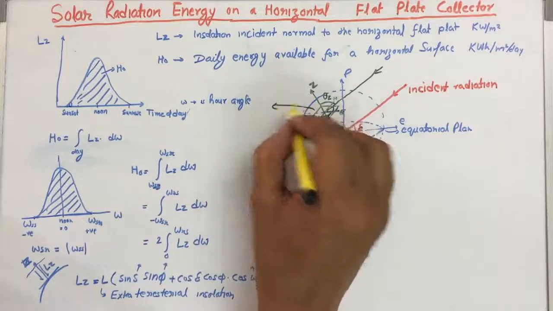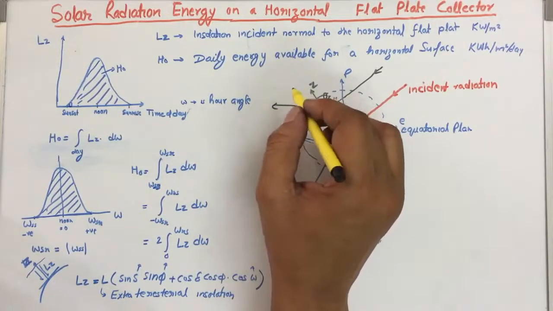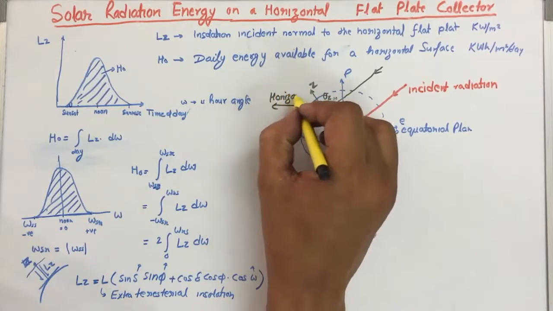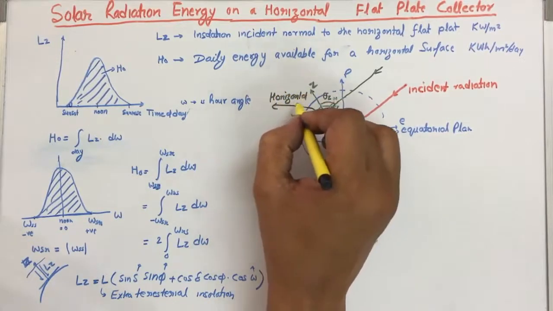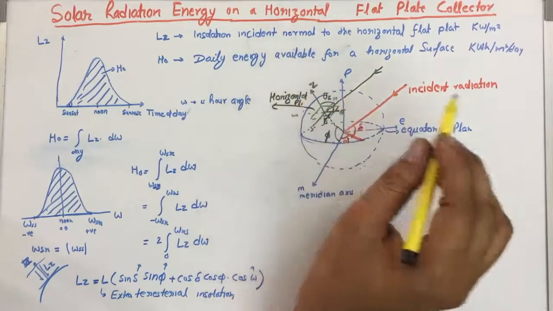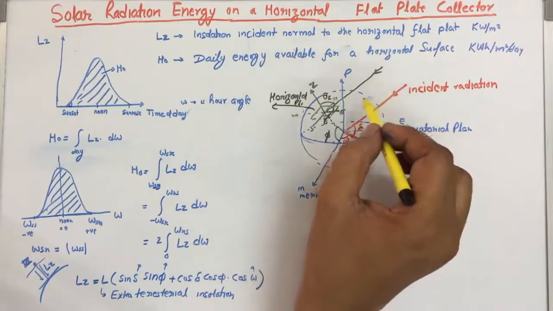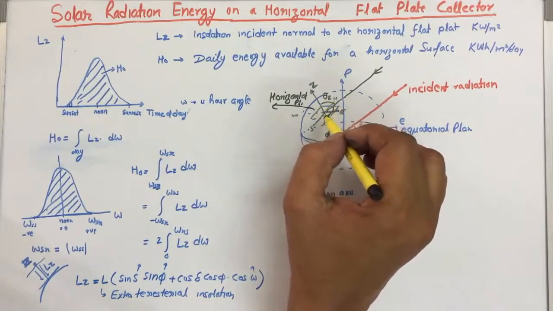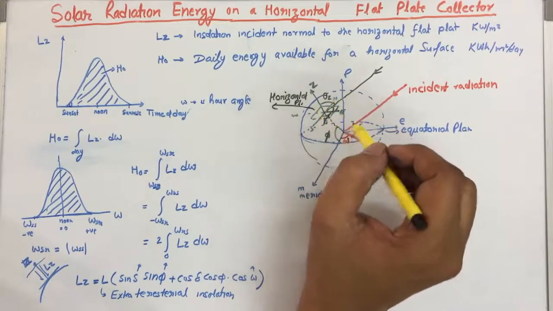So this plane is, you can say, the horizontal plane, and this is the local centric coordinate, you can say.